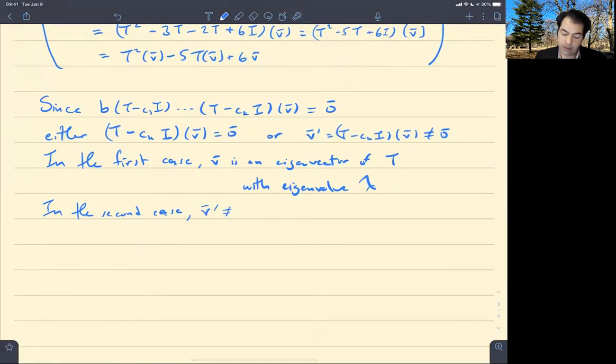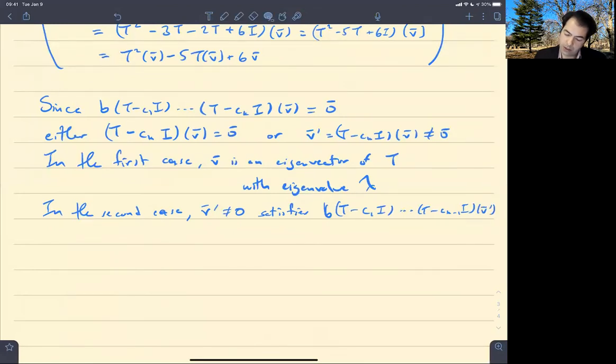In the second case, v prime is a non-zero vector, and it satisfies b times T minus c1 times the identity, and so on, up to T minus c(k-1) times the identity, applied to v prime is equal to 0.